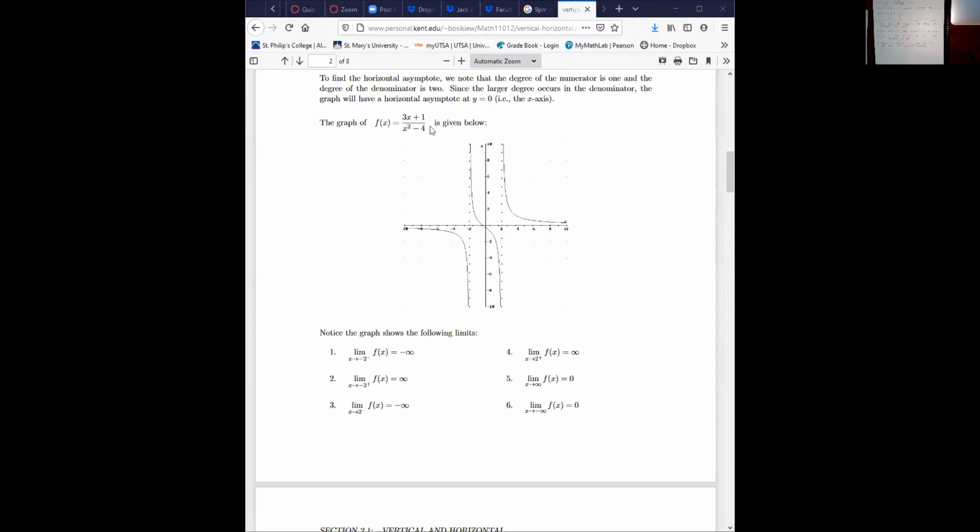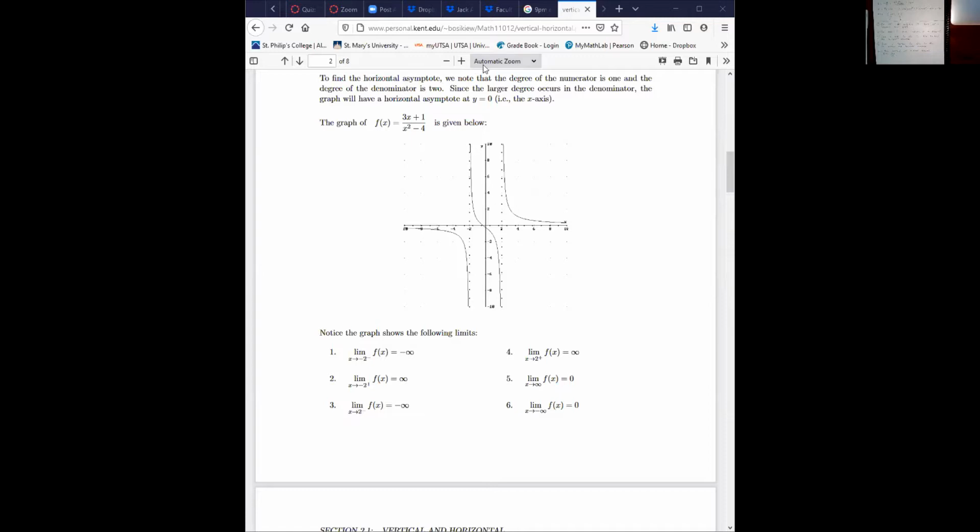But if you're given a function, let's go ahead and do that one here. Example. Find vertical and horizontal asymptotes of f of x equals 3x plus 1 over x squared minus 4.